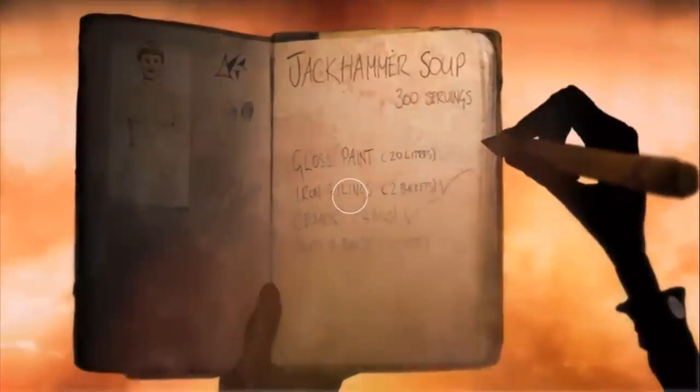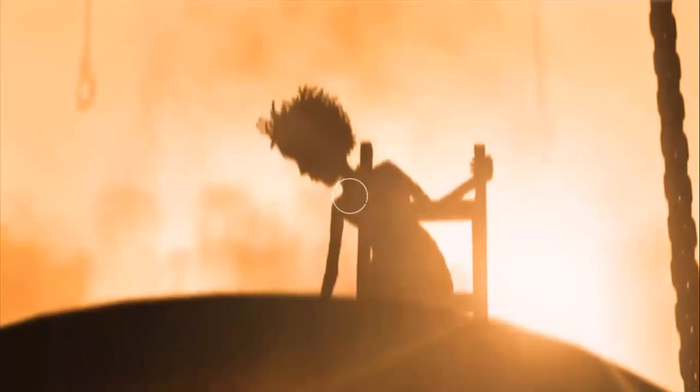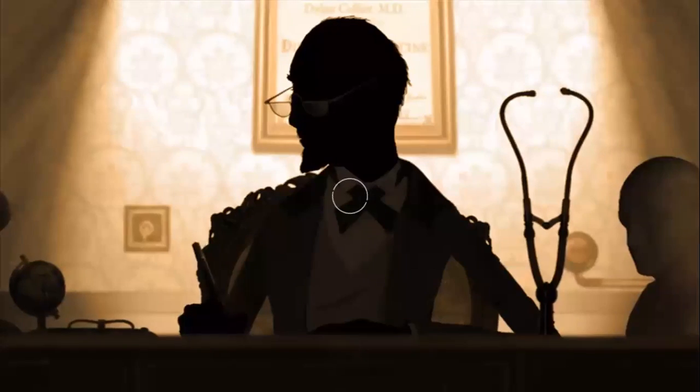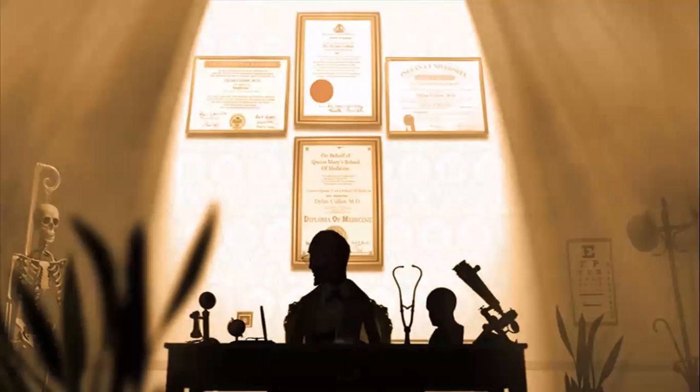His reputation for junk food just couldn't be tarnished. Like Jackhammer Soup with a barbed wire garnish. His doctor said, "Son, let us pray for your health."